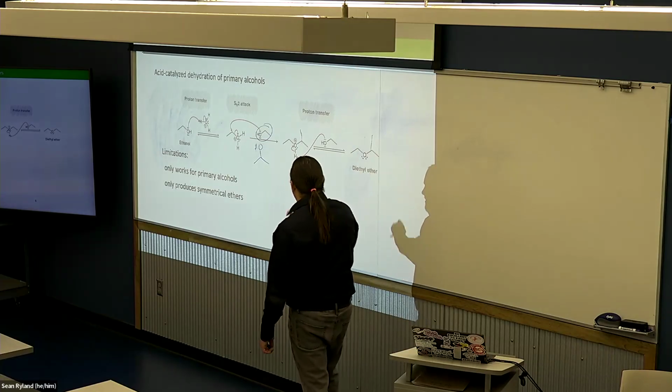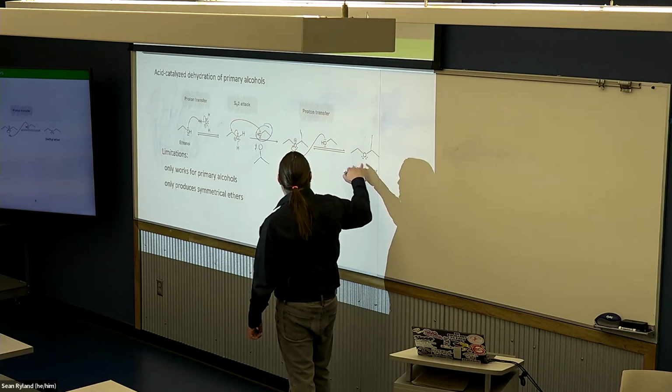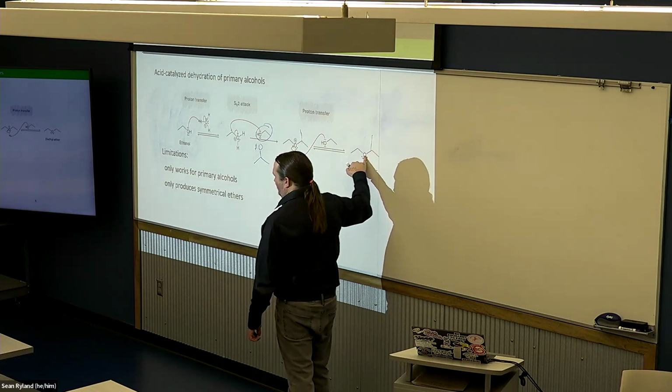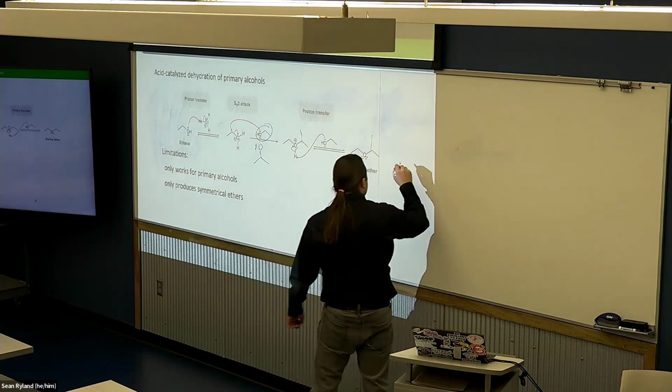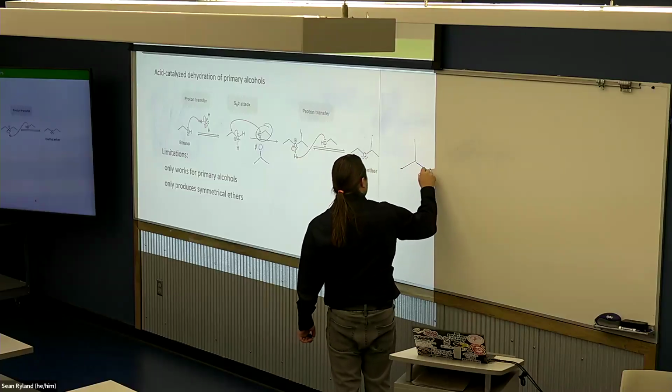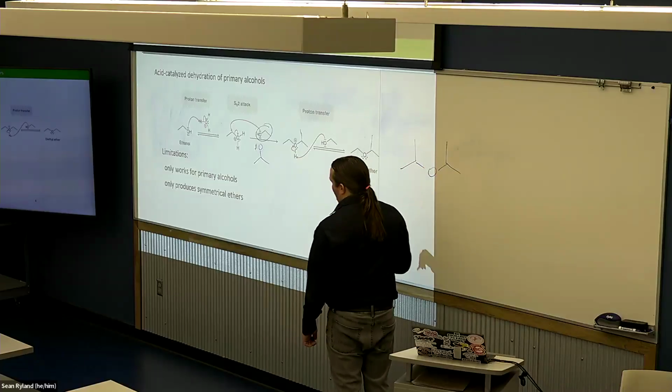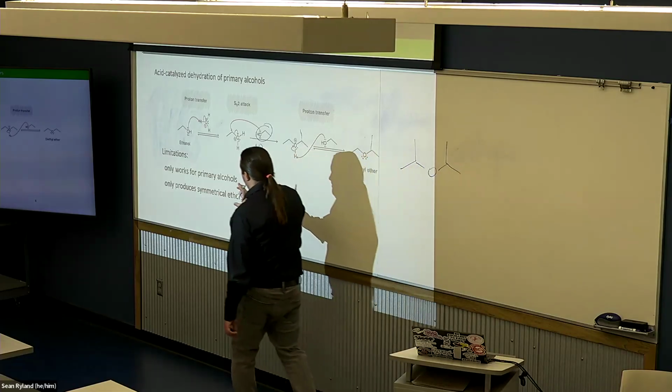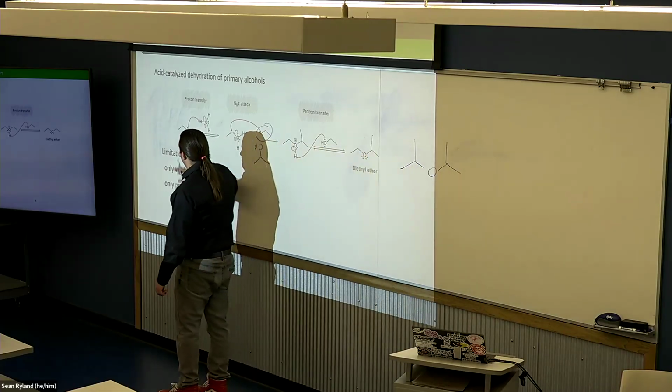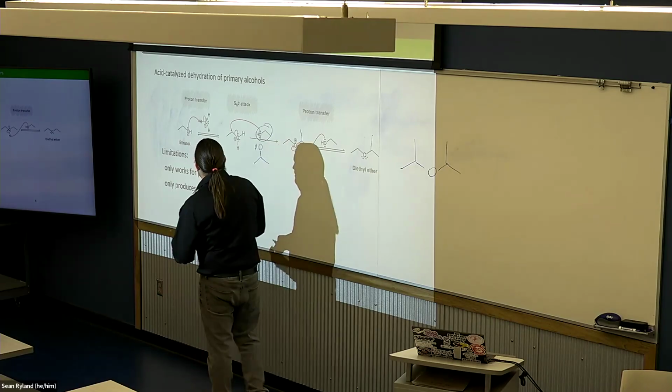And then we'd still get the diethyl ether, we'd get the one we actually want, but then we'd also get a third one that would look like this, because we're really just going about it in terms of statistics and probability.